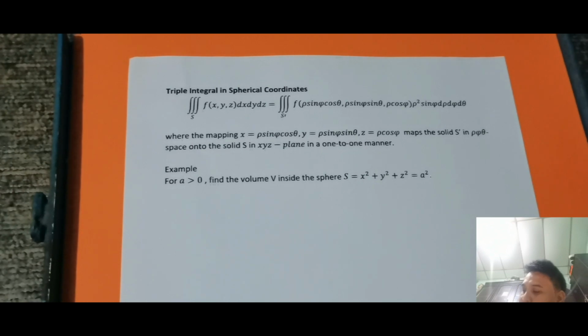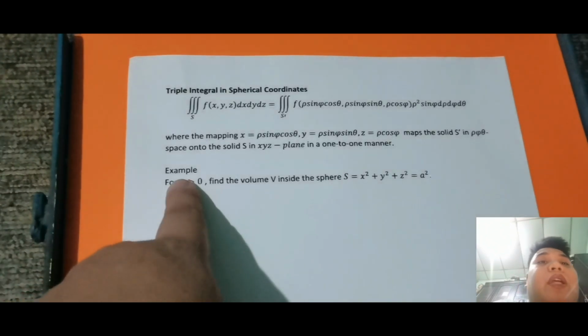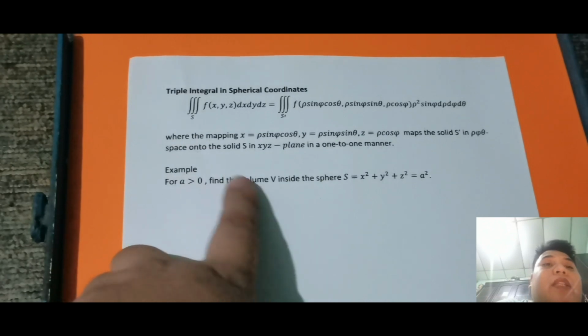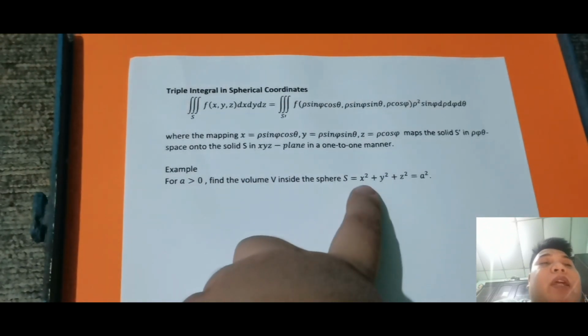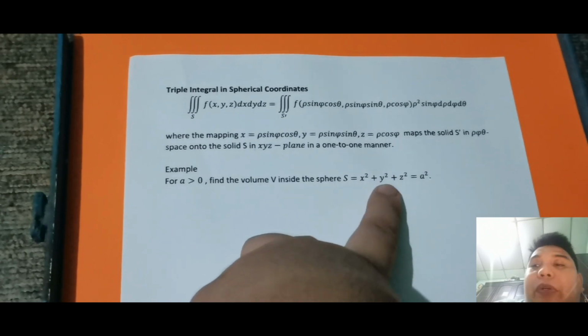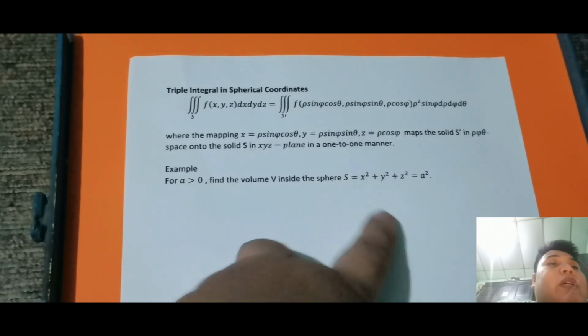Okay, so check na natin kung paano gagawin to. Okay, so ito may example tayo dito. For a greater than 0, find the volume B inside the sphere x squared plus y squared plus z squared is equal to a squared.